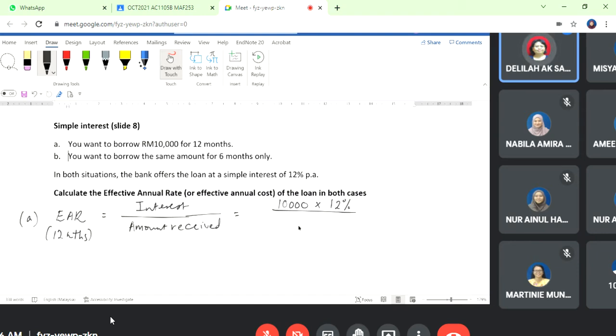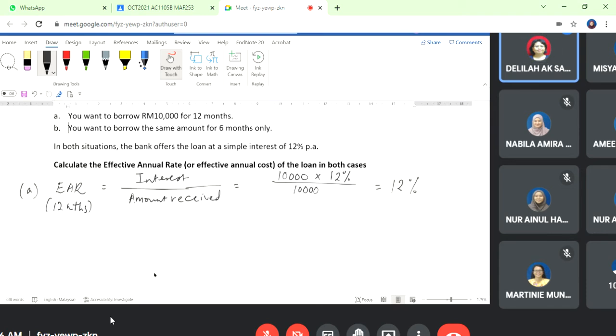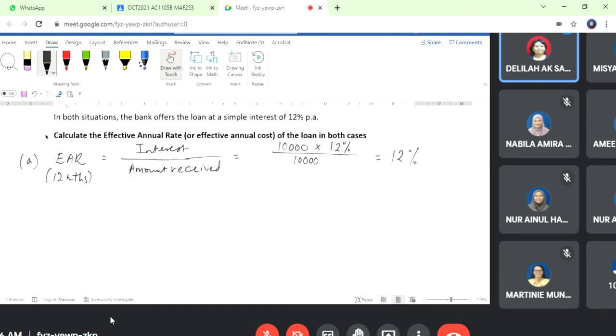Now, in this simple interest bank loan calculation, we will find that the interest of 12% is exactly the same as the effective annual rate, 12%. So this is a basic calculation. If you want to borrow for 12 months, the interest here is for 1 year.